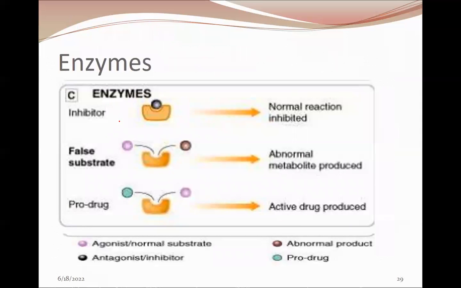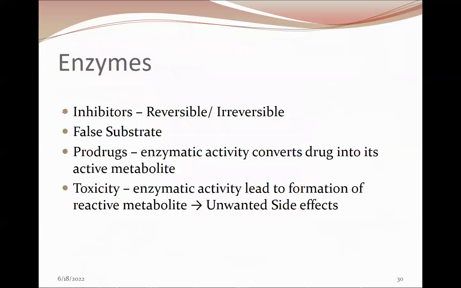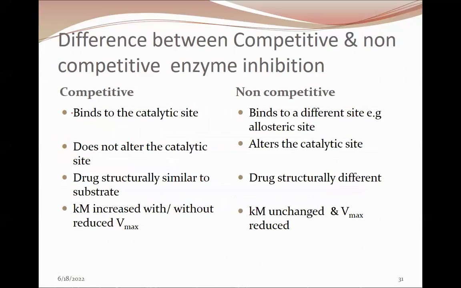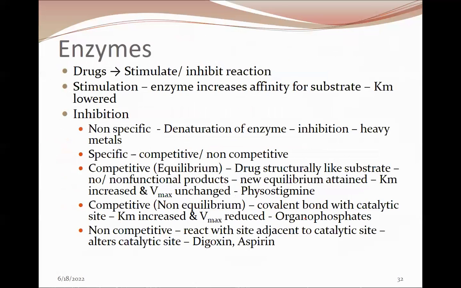We even talked about enzymes, which could have an enzymatic action. It could be a false substrate. It could be a prodrug, or it could lead to a toxicity because of formation of reactive metabolites. And then we talked about the difference of competitive and non-competitive enzyme inhibition, where in competitive, the Km constant is increased without reducing the Vmax, whereas in non-competitive, the Km constant is unchanged and Vmax is reduced.